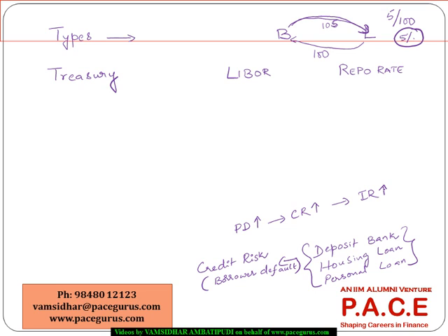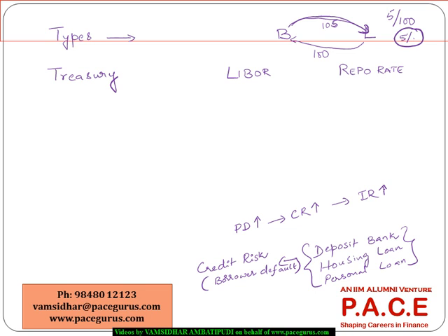So what the lender is typically doing is trying to increase his expected return. The higher the risk, the higher should be the expected return, which is why he enters into a higher interest rate.